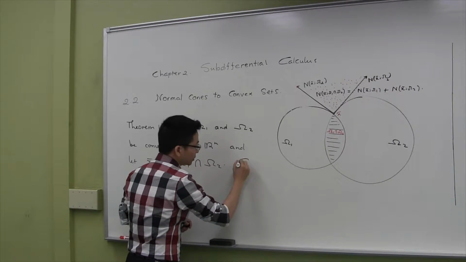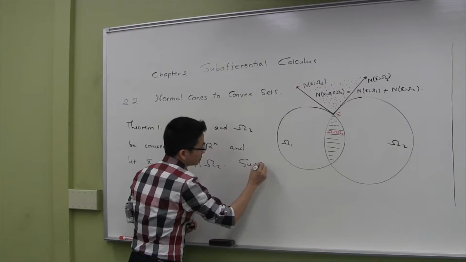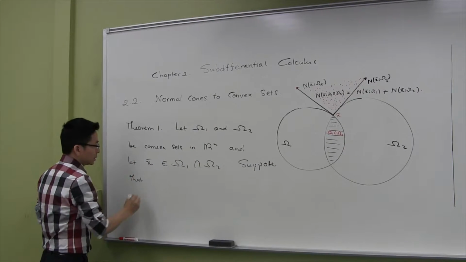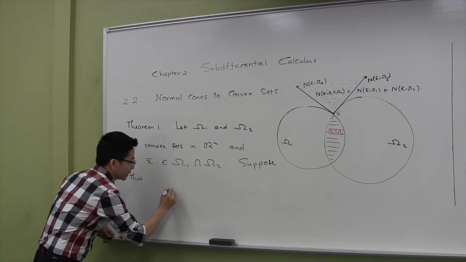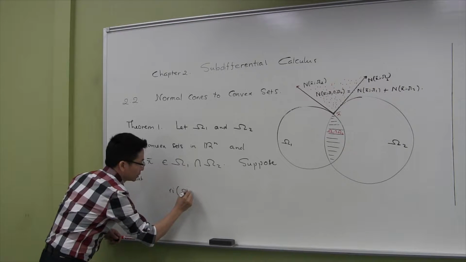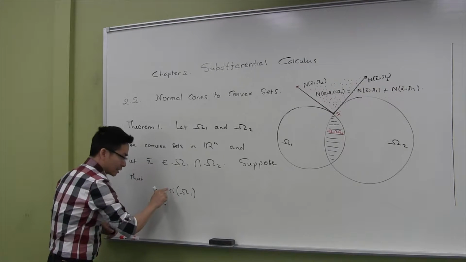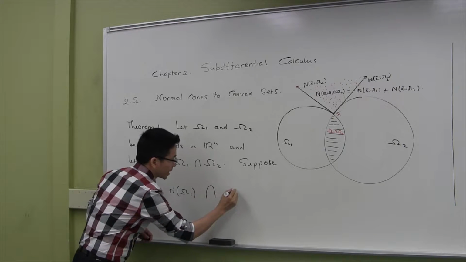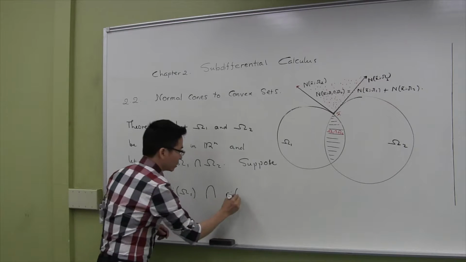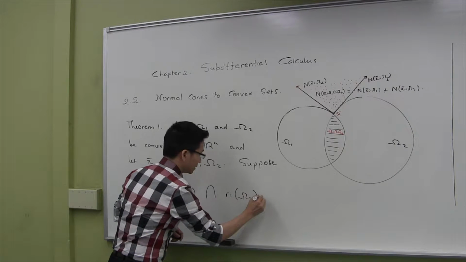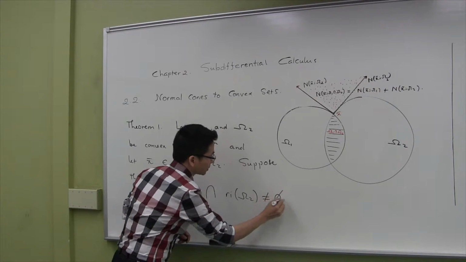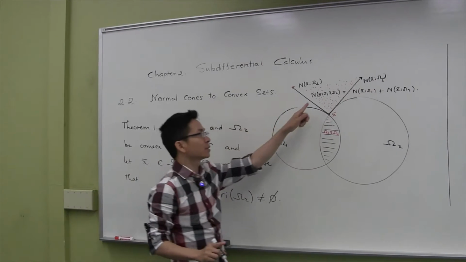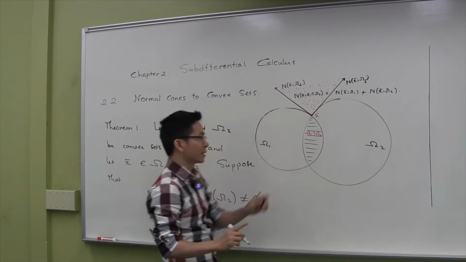Now, suppose that the intersection of the relative interior of omega 1 and the relative interior of omega 2 is non-empty. Okay, so this is the condition required so that this intersection rule is satisfied.